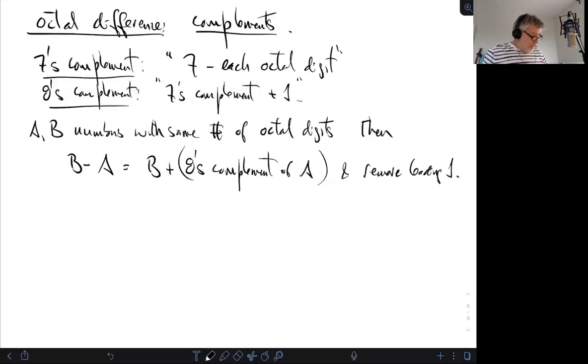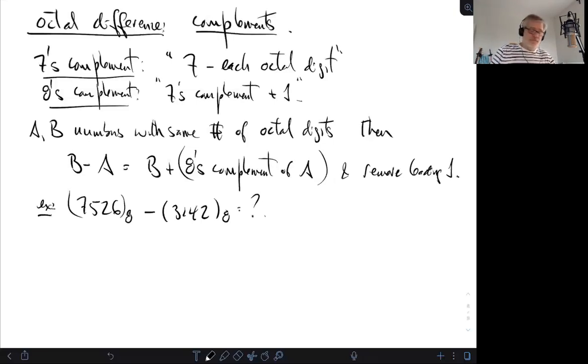Okay, so here's an example. So this is very efficient. This is very easy. 7526 octal minus 3142 octal. I want to compute this, okay? So I'm going to compute the 8's complement of 3142.